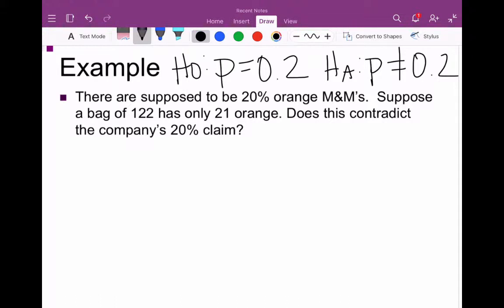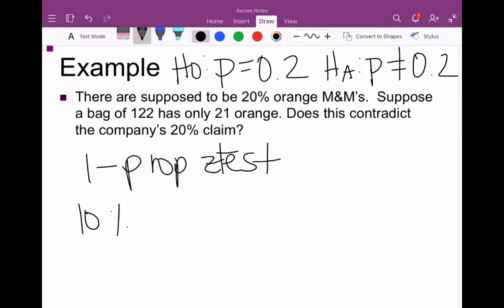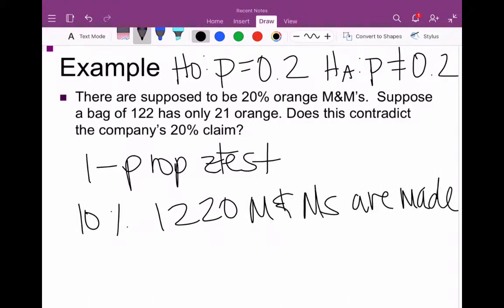Then we move on to the next step, which is to state that we're going to do a one proportion z-test, and then check the conditions that allow us to do this test. So plausible independence, it seems that from bag to bag they would be independent. We have our 10% condition, as long as more than 1,220 M&Ms are made, then we're good to go.